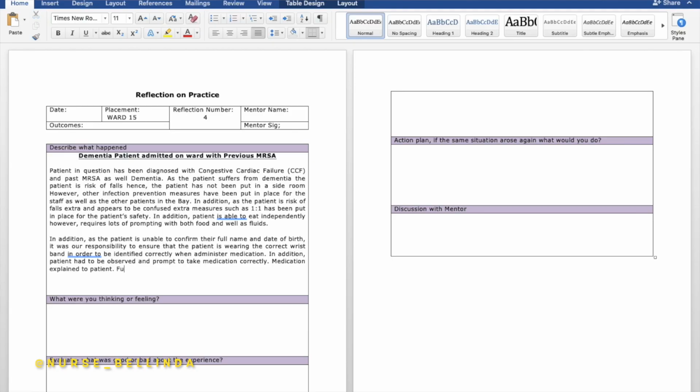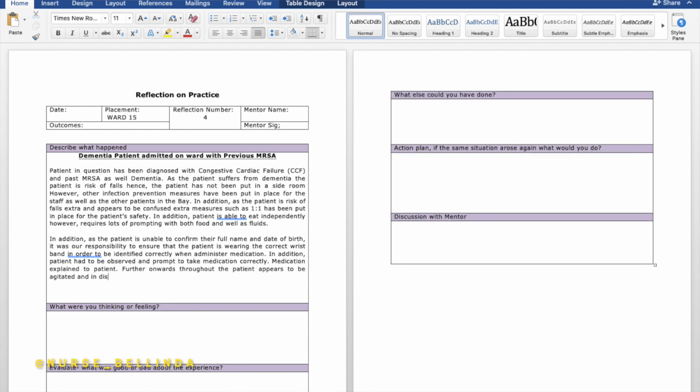So further onwards throughout the day, the patient appears to be agitated and in distress. So in this case, guys, you really have to make an informed decision. Now what I mean by this is the patient, firstly, we know has got dementia.